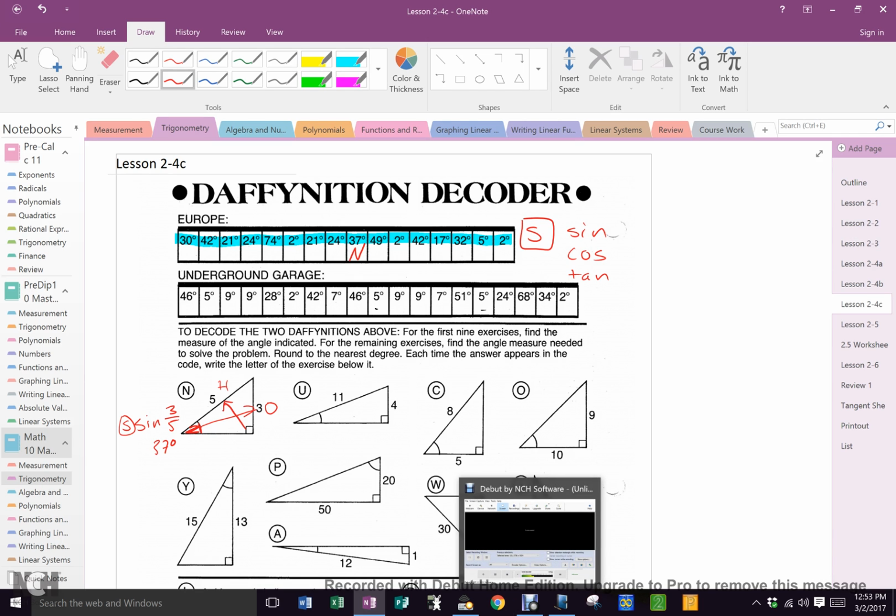Remember, tomorrow you are quizzing on SOHCAHTOA, single triangles only. Stuff like this. Okay? Score!